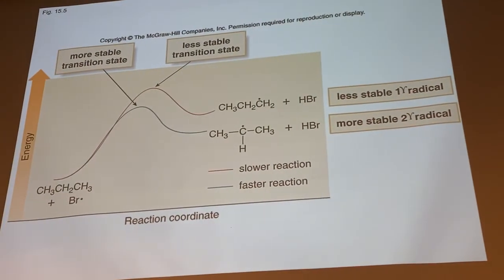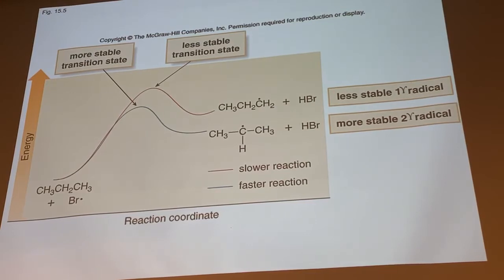Okay? And that's due to the transition states in the first propagation step of bromination resembling the radical intermediates, or the product of that step. In contrast, the transition states in the first propagation step of the chlorination, since it's exothermic, resemble the alkane starting materials and only have a small amount of radical character and therefore have a small difference in rate. Okay?